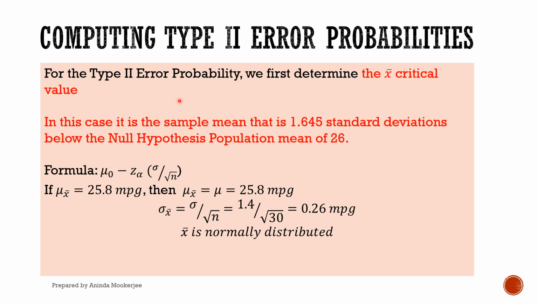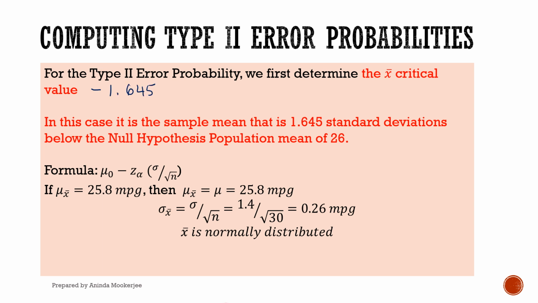So here they are actually going through the process of coming up with the X bar value. For the type 2 error probability, we first determine the X bar for the critical value, which was negative 1.645 for this particular problem.